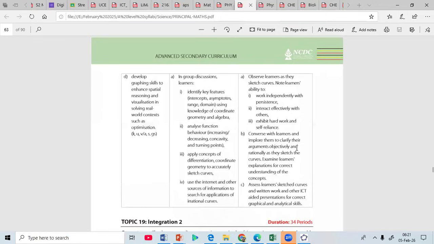Yeah, it is very, very important. That's why I'm emphasizing it, for you to be able to understand those concepts. When you look at your syllabus here, they have emphasized intercepts, asymptotes, range, and domain. That's why I'm talking about them. We have looked at increasing, decreasing, concavity, and turning point. So that's why I'm looking at those particular concepts.